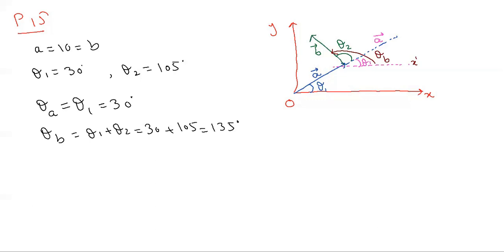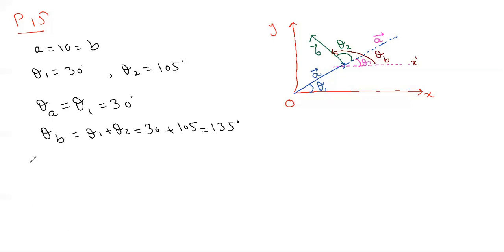Once this is clear, it is quite easy to find the rest of the components of the vector. So now we can find the components of the resultant vector.